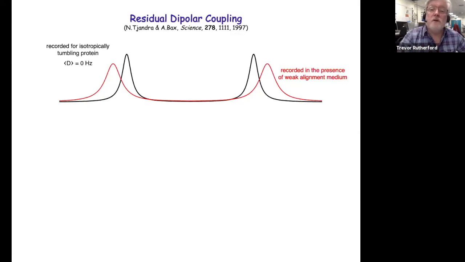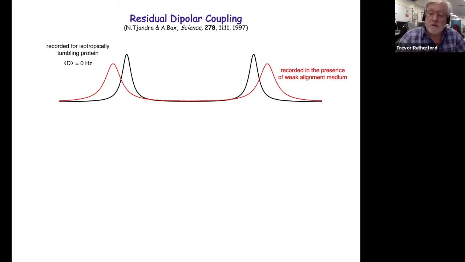Residual dipolar coupling, we're saying just a little bit about that. What we record is the splitting. This is, for example, a proton signal that is split into two by coupling to its directly bonded N15. We record that for the isotropically tumbling molecule. If we then put the same protein into a solution that is collimated with respect to the magnetic field, we can place a small degree of alignment so that the molecule doesn't average fully over all possible orientations.